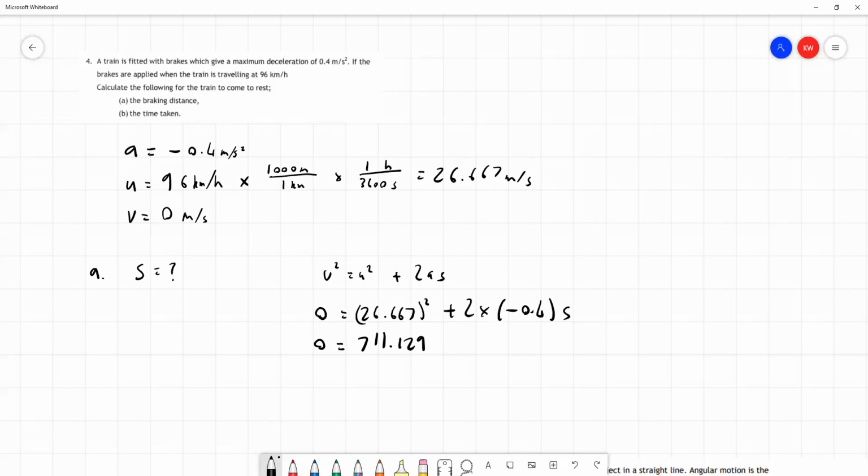And that's going to be minus 0.8S, because 2 times minus 0.4 is minus 0.8. So rearranging, we have 0.8S is equal to 711.129. So S is equal to 711.129 divided by 0.8.